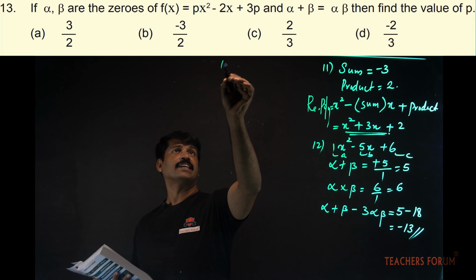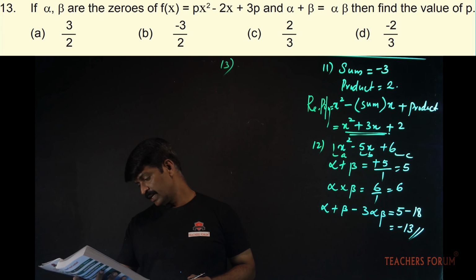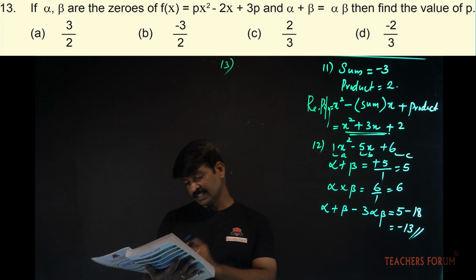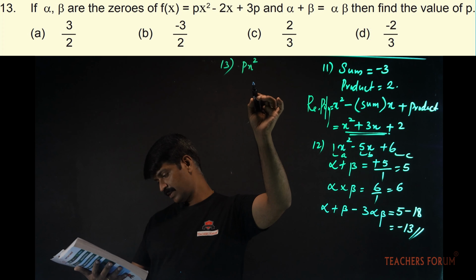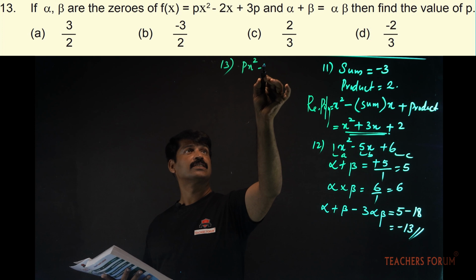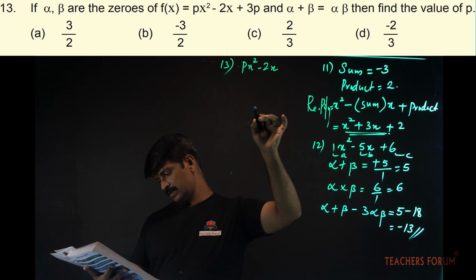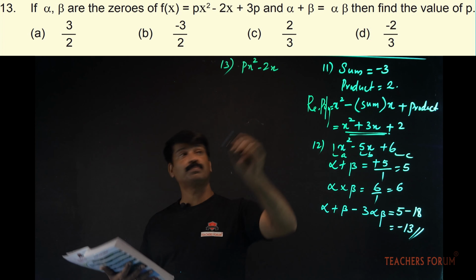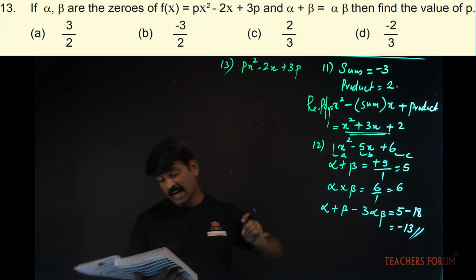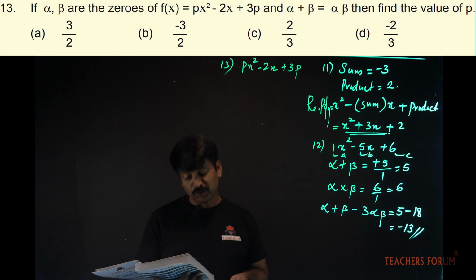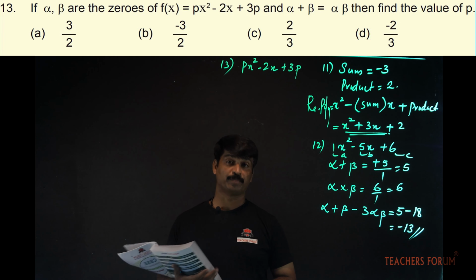Now let us solve the next one. If alpha and beta are the zeros of the polynomial px square minus 2x plus 3p, and alpha plus beta is equal to alpha into beta, then find the value of p.